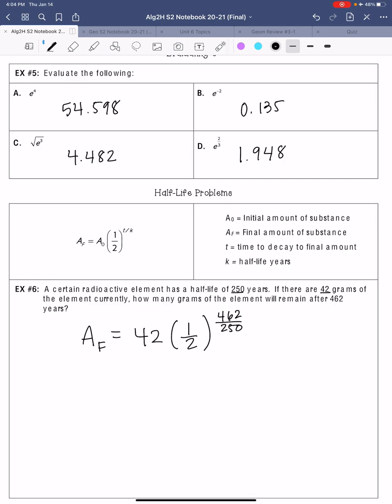Plug it in. Again, we're just going to use a calculator, and our final amount after that many years would be approximately 11.667 grams.